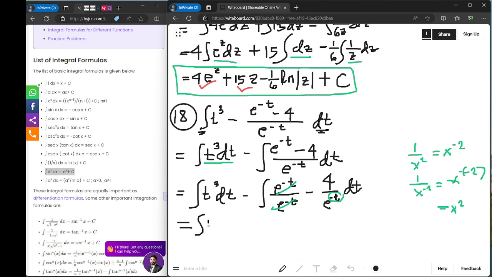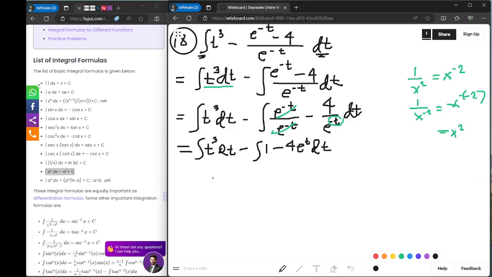okay, I think we can solve it now. We have t cubed dt minus the integral of dt. Okay, then just 1. We'll distribute the integral sign later. So this is just 1 minus 4 e to the t dt. Okay, so we can integrate it.